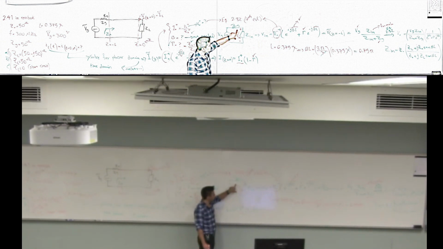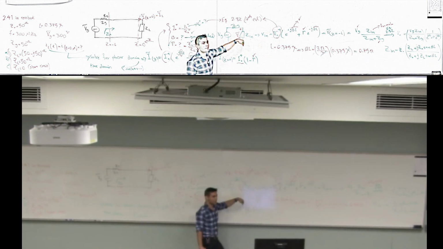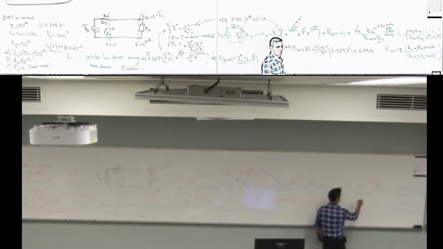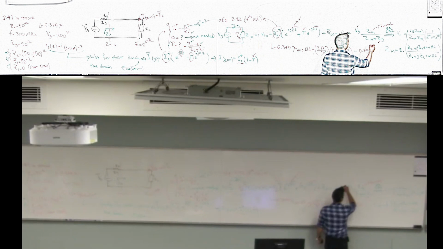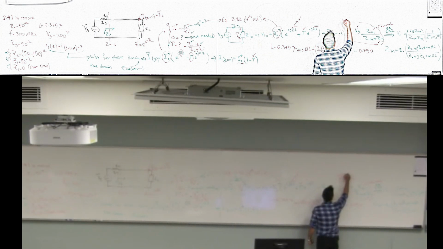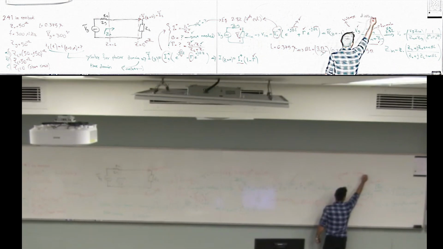Sure. Okay. So based on the voltage division, you will have this times this divided by the sum. Oh, okay. It's just simple voltage division. Okay. So this is voltage division. Okay.